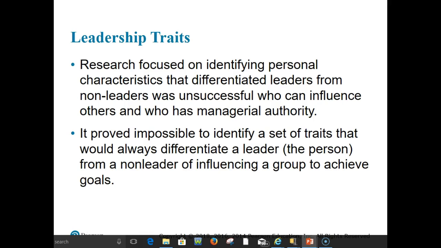Despite the best efforts of researchers, it proved impossible to identify a set of traits that would always differentiate a leader from a non-leader.